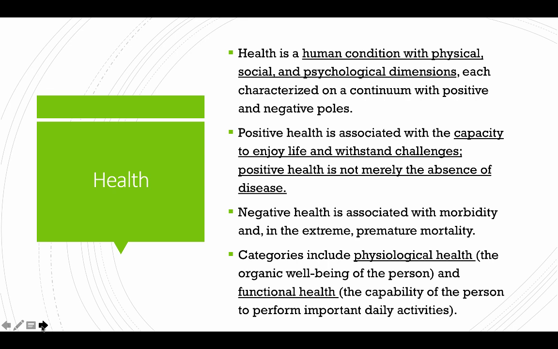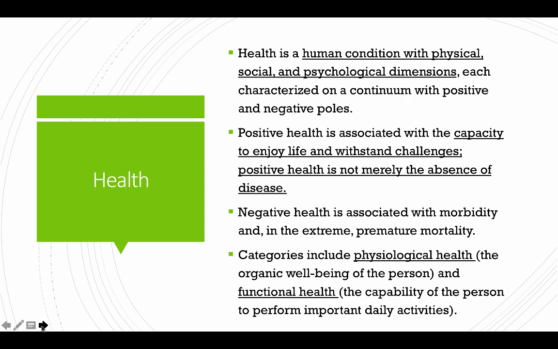You could have positive health and still have disease, and that disease could be brought upon by your genes, really, but you could still have positive health. When it comes to negative health, that's more so associated with morbidity and really about premature mortality. So just making inappropriate or unhealthy choices that lead you down the path to death.